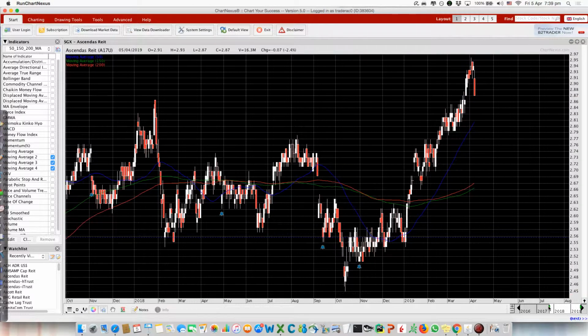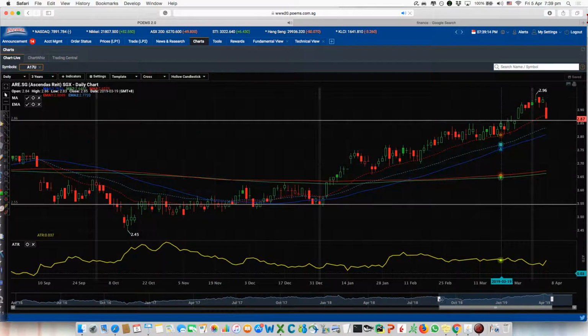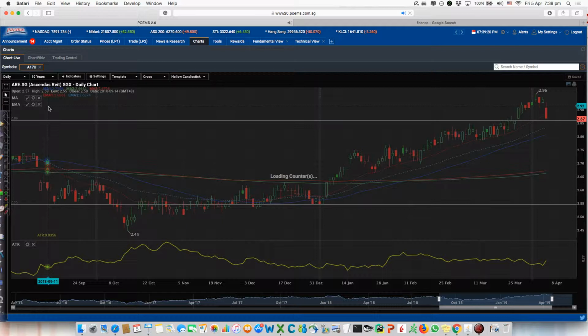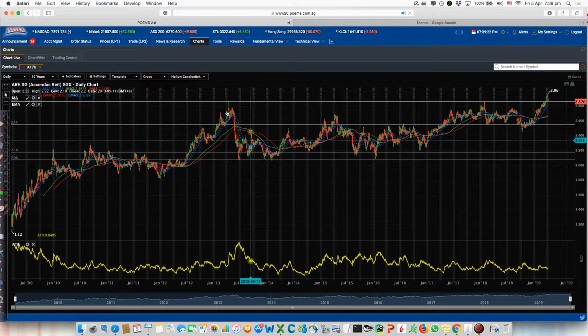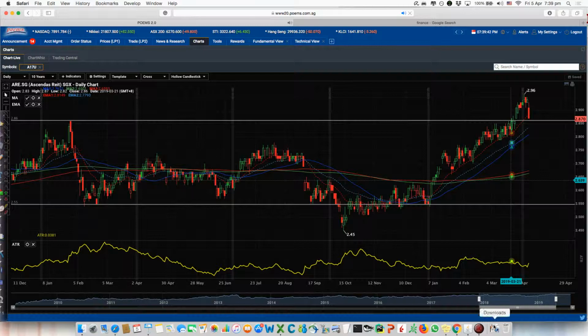Here you cannot see because with this software I can only have 3 years of data, but I can show you with my platform, the one I use for investing in the Singapore market, that if we go back 10 years, and this is the same counter, you can see that this level was basically the highest in 10 years, and it was touched at least 2 times. So what I did, well, when the price was approaching this level again, at 286, I placed a limit order and I took profit. That's what I did.